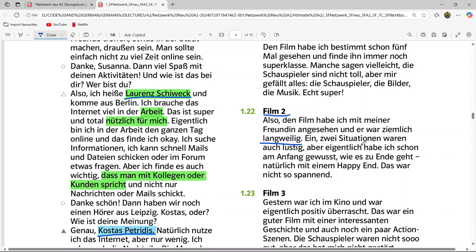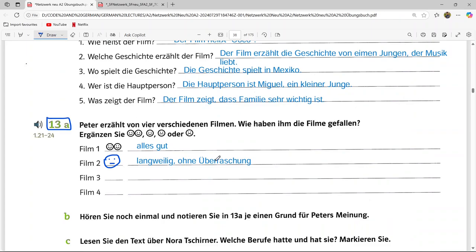So 1 or 2 situations are funny, but most of the things I had already guessed. Okay. Wie es zu Ende geht, natürlich mit einem Happy End. So I knew the ending would be a happy ending. Das war nicht so spannend. So not so exciting. So ohne Überraschung, without any surprises.